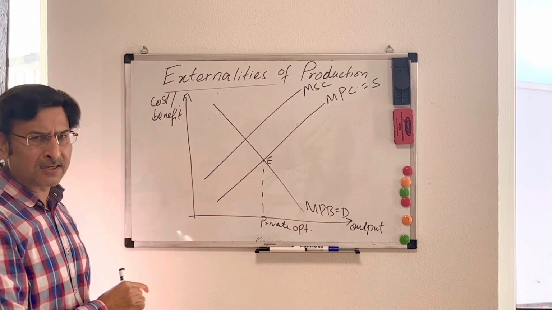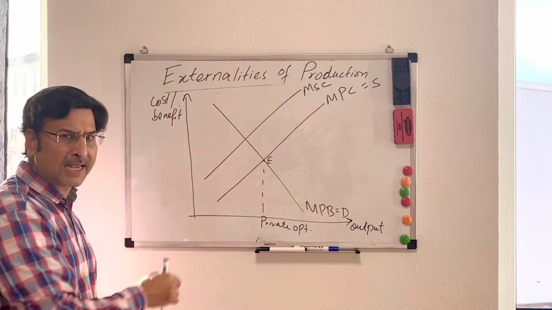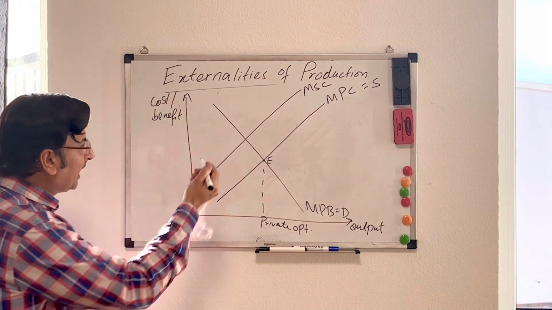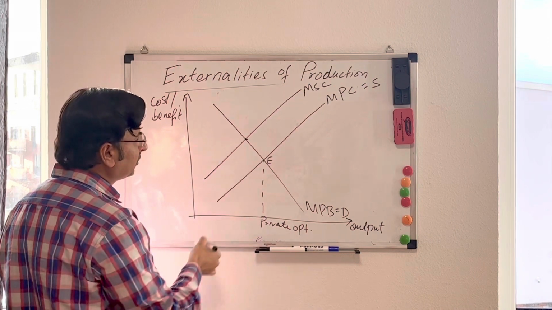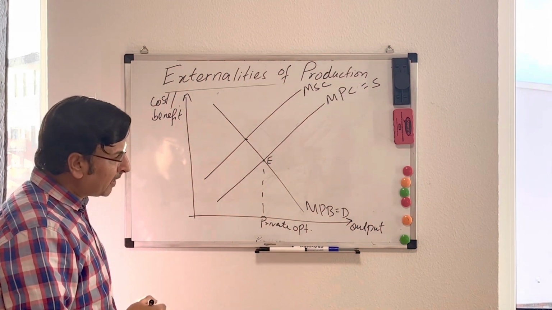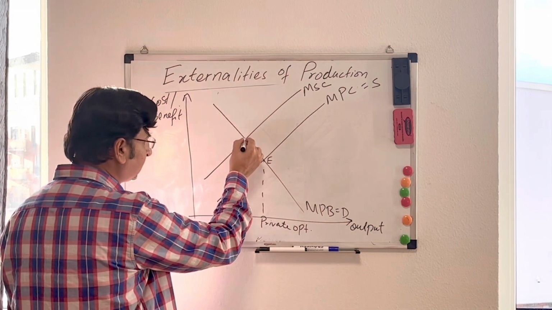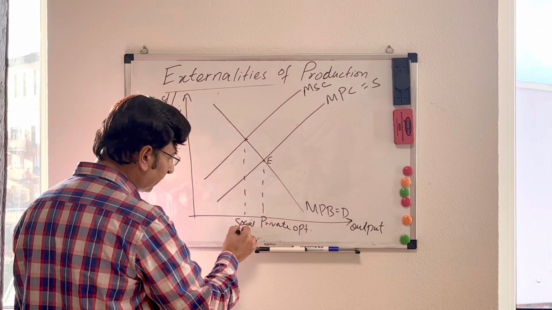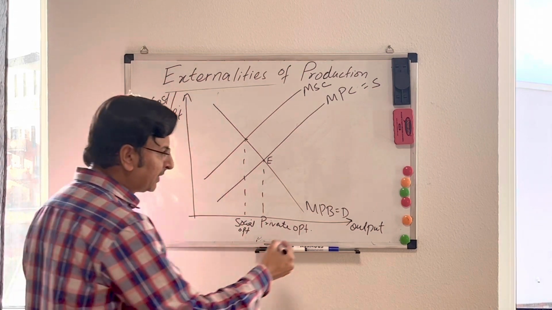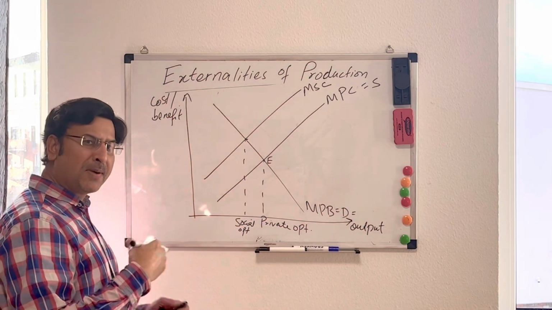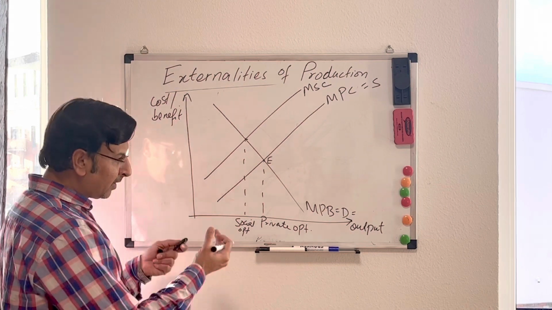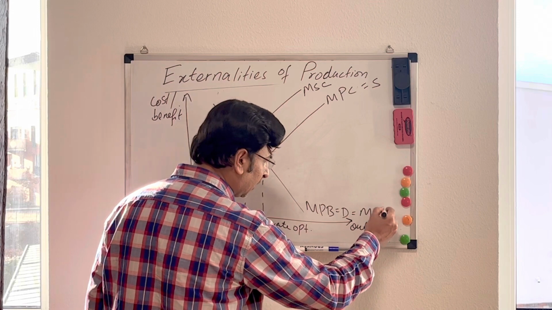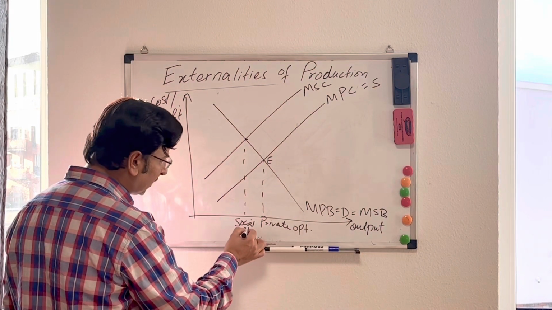In order to show the external cost, you can take any vertical gap because it's a parallel shift. And at this point where marginal social cost meets your marginal private benefit is called the social optimum. And to make our model simple, since we are not going to show any positive externality of consumption, we are going to keep marginal private benefit the same as marginal social benefit. So that's your social optimum.